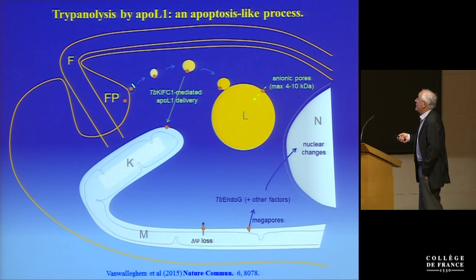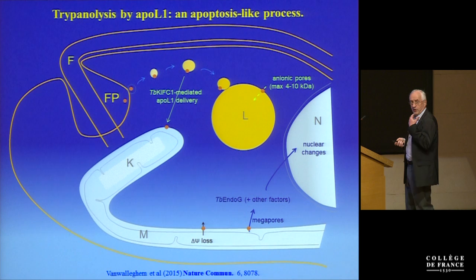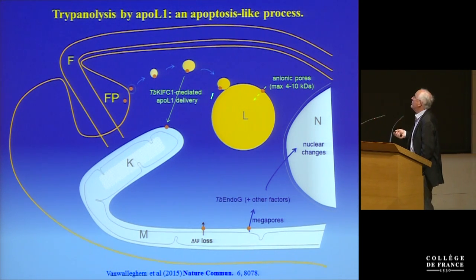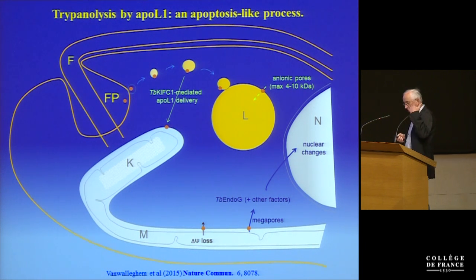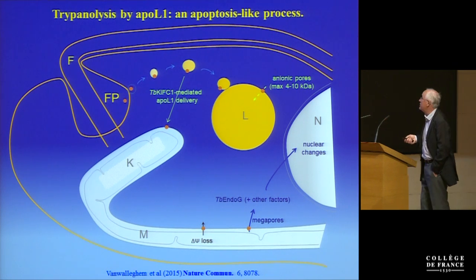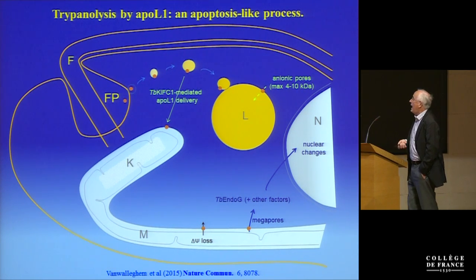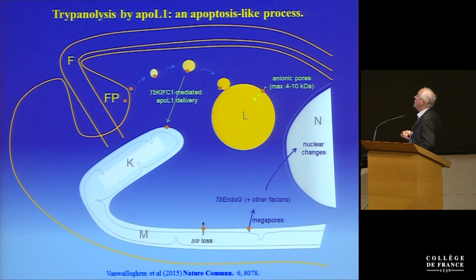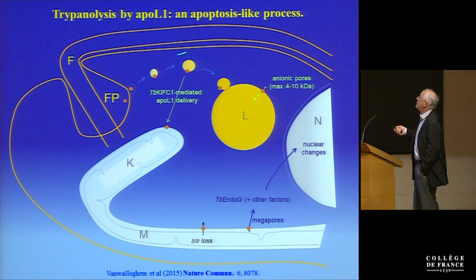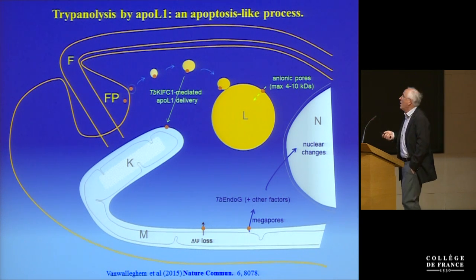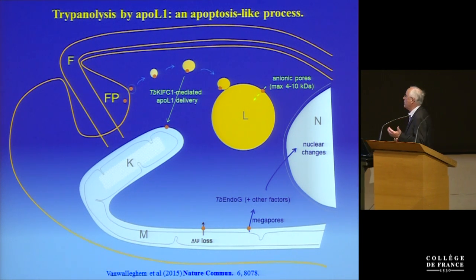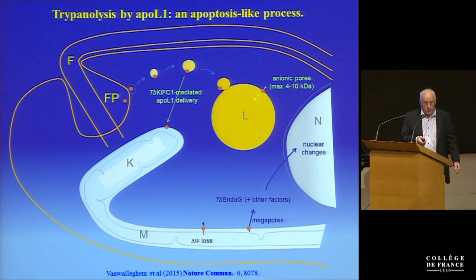These particles are then taken up inside, and upon acidification that occurs during endocytosis, ApoL1 is released from the particles and inserted into the next possible membrane, which is the endosomal membrane. And the flux of chloride that is triggered by the presence of this ApoL1 in the membrane leads to considerable swelling of endosomal vesicles and ultimately the lysosome, which is really considerably swollen at the end of this process.